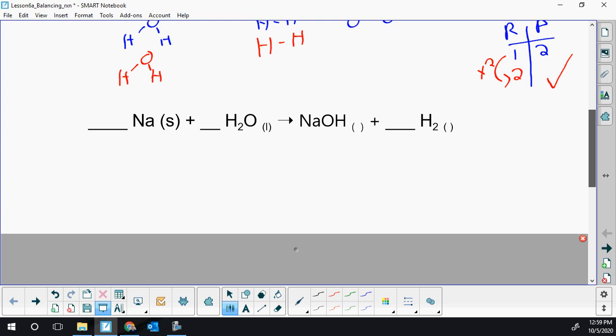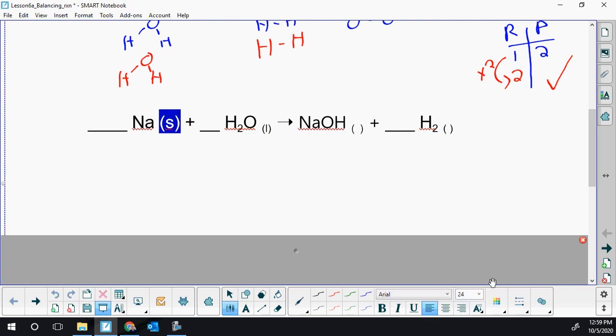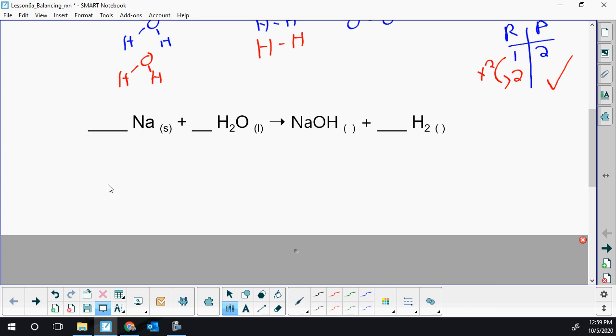Second would be if you put sodium metal into water. We now have 3 different elements to balance. I'll do the visual representation underneath.